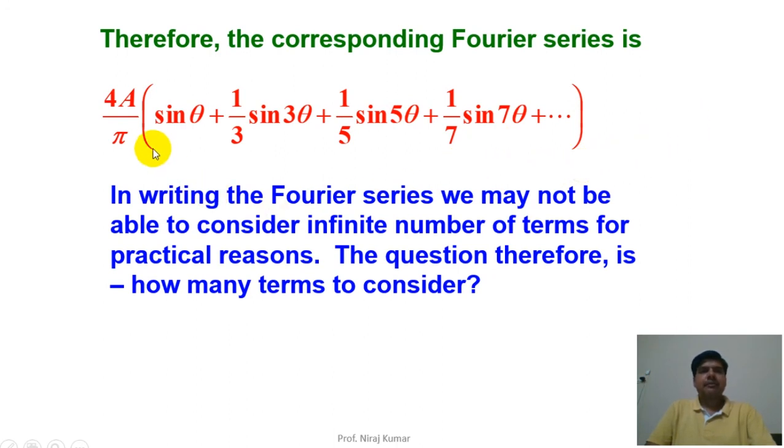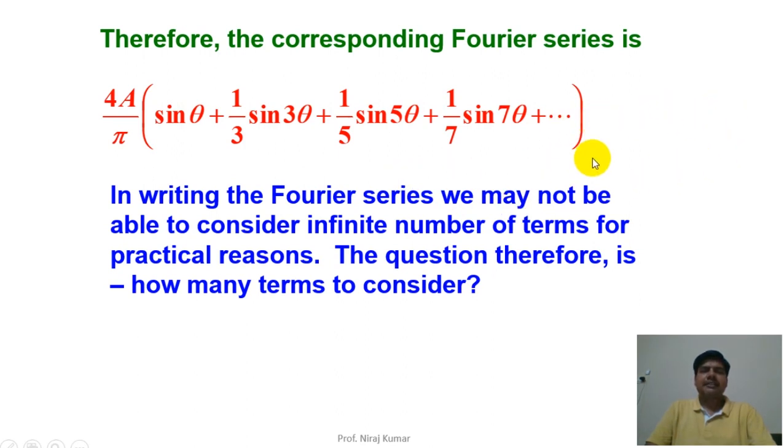So what we can see is the number n is increasing up to infinity. So when we write the Fourier series, we will not be able to write all the numbers here.